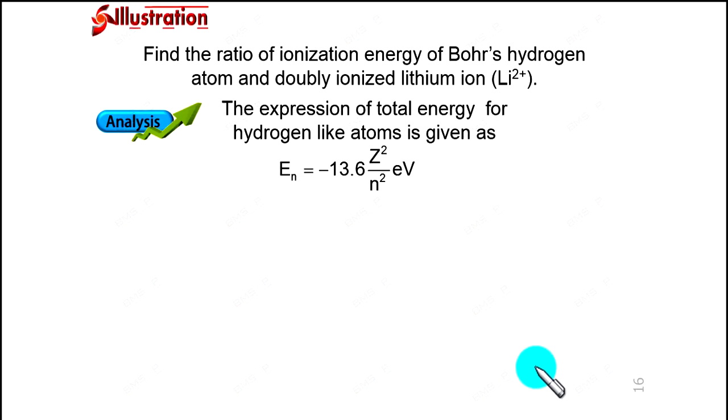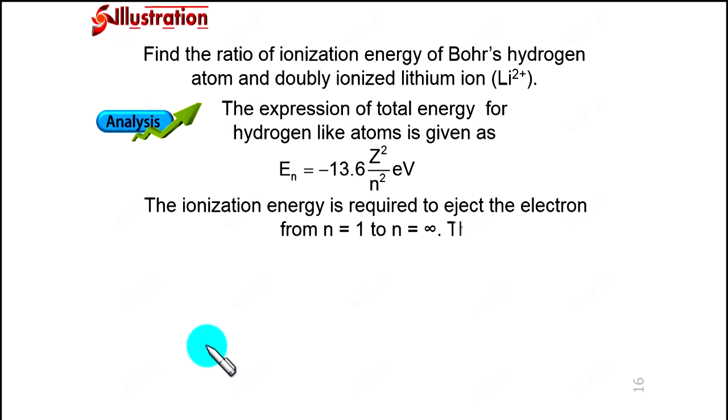That means we need to find the difference of the energy corresponding to n equal to infinite and n equal to 1. Right. So, we can write ionization energy equal to E 1 to infinite, that is equal to E infinite minus E 1. We know E infinite equal to 0, just move the electron outside the atom.